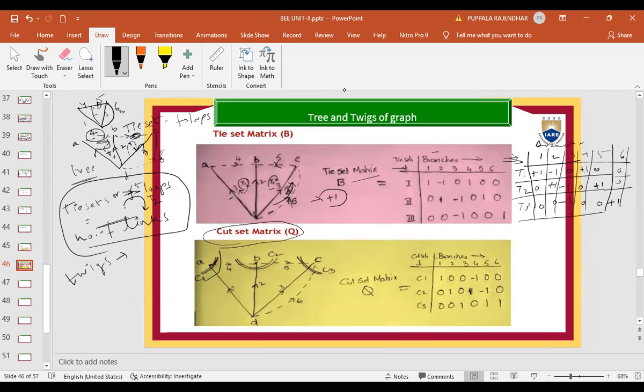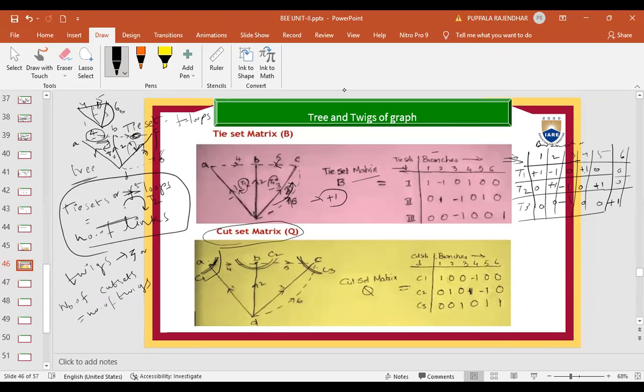Three branches, three twigs we are having. So how many possible cut sets can we form? Three. The number of cut sets is equal to the number of twigs.